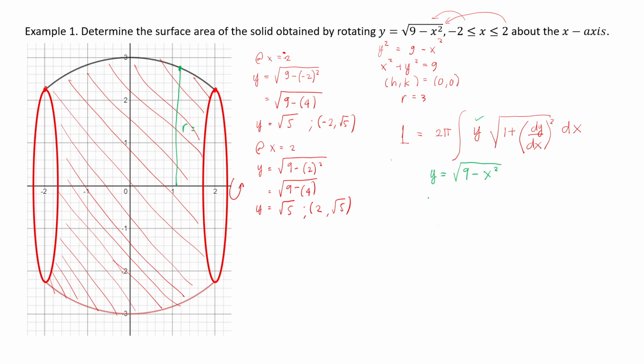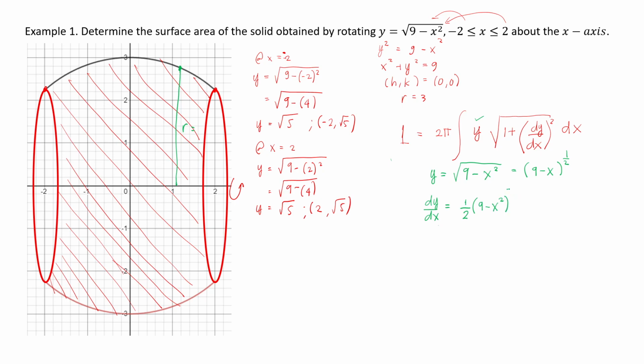Okay, so next part is getting the derivative. So you're going to have it as dy over dx. So try to change this format into its exponential format para di mo maglisod og derive. So getting the derivative of y would give us 1/2, ba? (9 minus x squared).